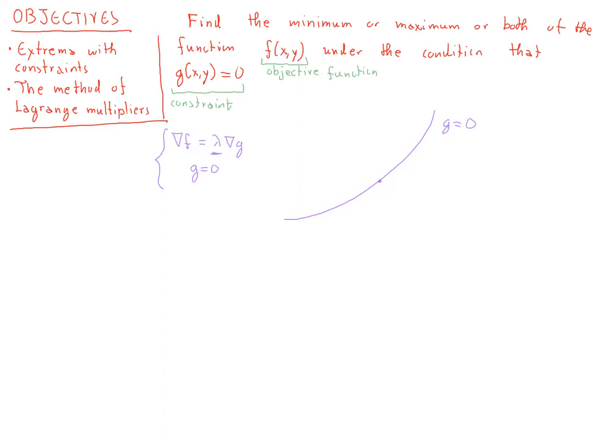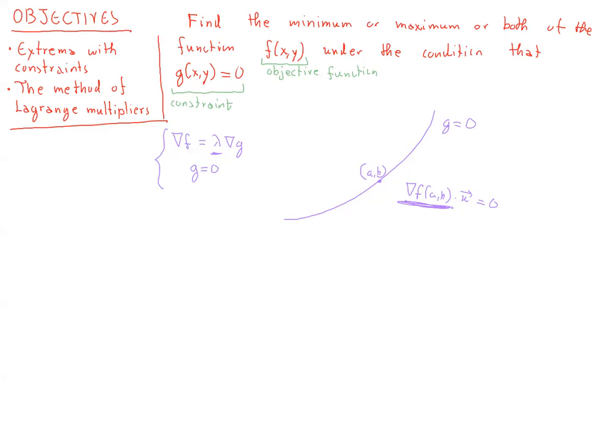All the directional derivatives in those directions are zero, which means, since the directional derivative is the gradient at the given point, so let's say that this is the point (a, b), the gradient at (a, b) times those directions that are parallel to this curve should be equal to zero, which means that this vector should be perpendicular to all directions that are parallel to the curve at the point (a, b).